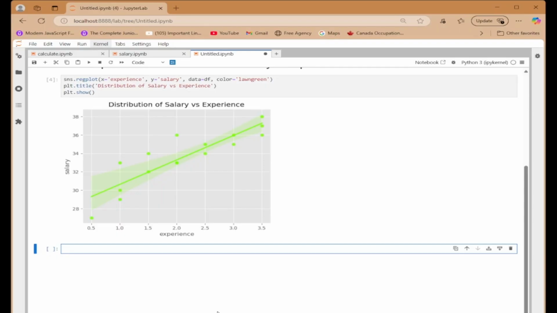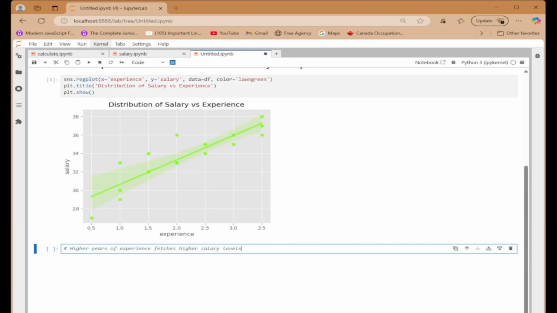Now let's get a really meaningful insight by calculating the z-score. Okay, so here let me just write the conclusion of that: higher years of experience fetches higher salary levels.